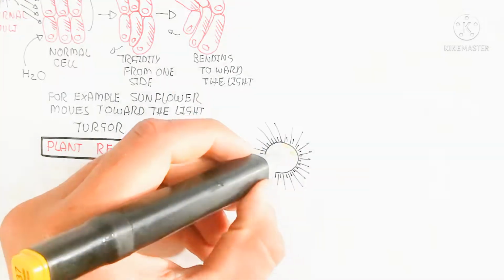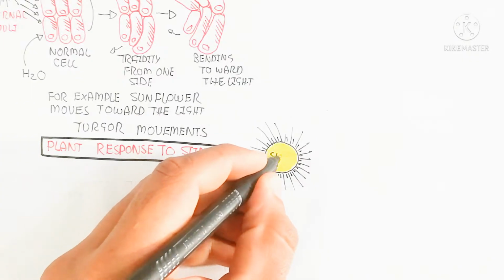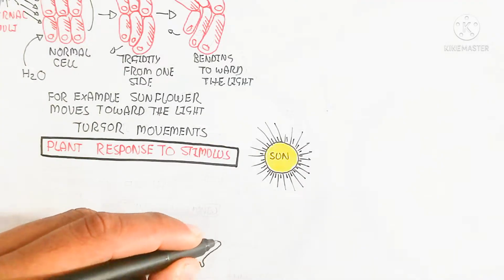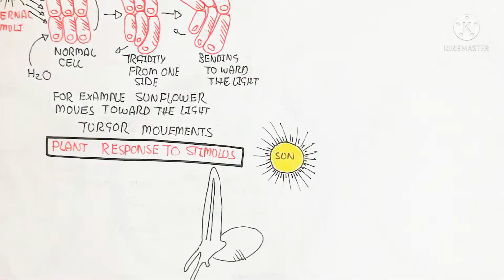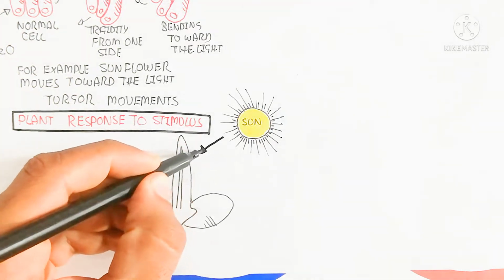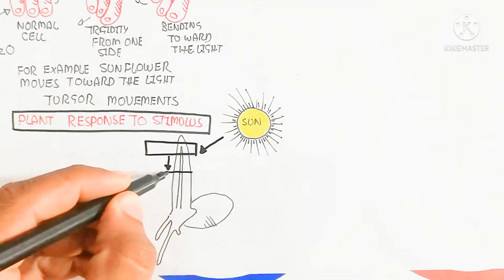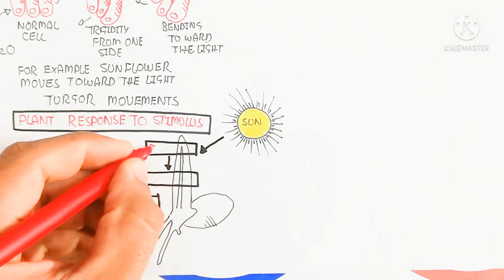So let's begin to understand the plant response to stimulus, how it responds. Here is the sun, which disperses the light. Here I am drawing the seedling, with the embryo which contains the endosperm. Here is the food, and this is the reception, the coleoptile.